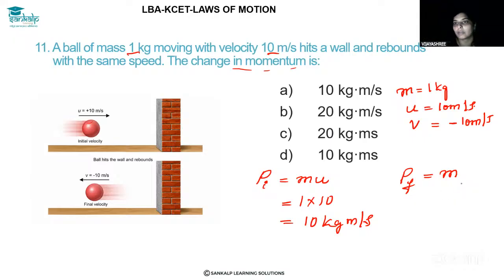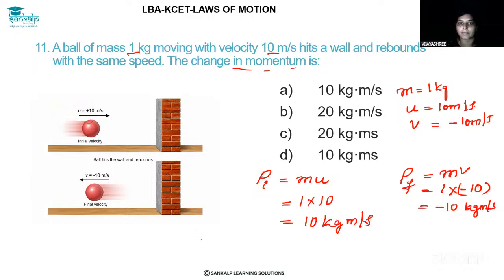Final momentum is equal to mass into final velocity, which is equal to 1 into minus 10, which is equal to minus 10 kg meter per second, right?